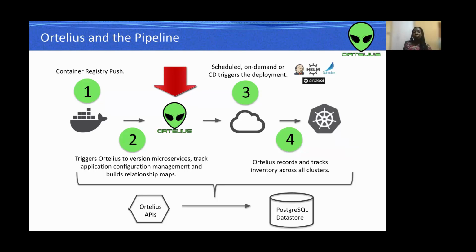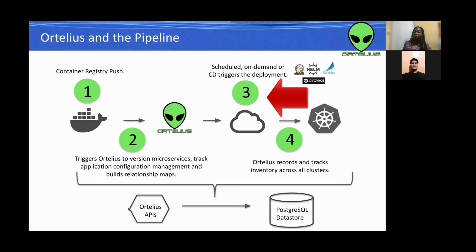Once Ortelius gets the new update, it schedules the deployment, either on demand or triggered by CI/CD. Sometimes you have to schedule the deployment out to the applications, or it might be on demand, or after the test on the CI/CD pipeline, it just automatically deploys to the applications depending on which one was selected.